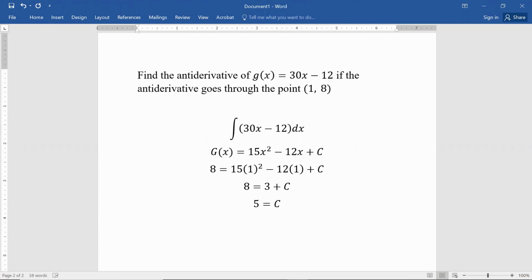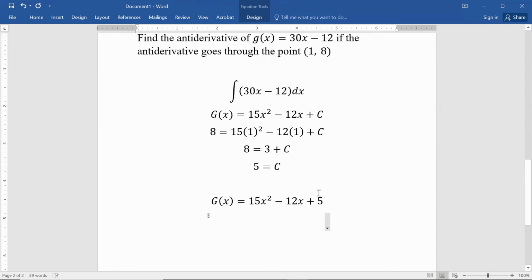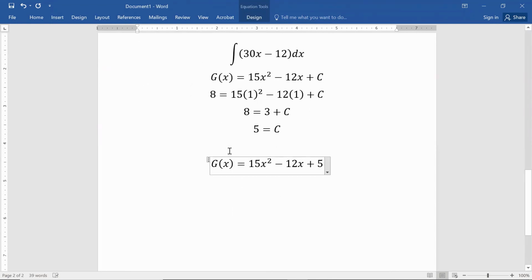In conclusion, this means that my antiderivative would have been 15x squared minus 12x plus 5. That's the antiderivative we were looking for. That's how to do problems that involve getting specific antiderivatives.